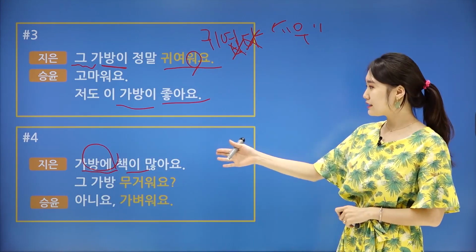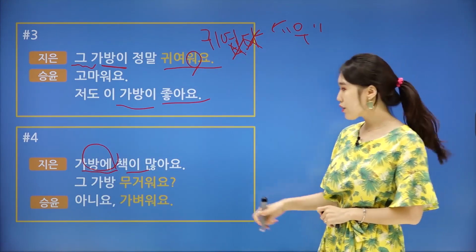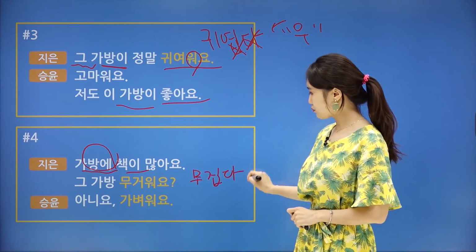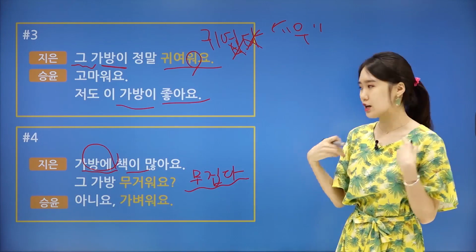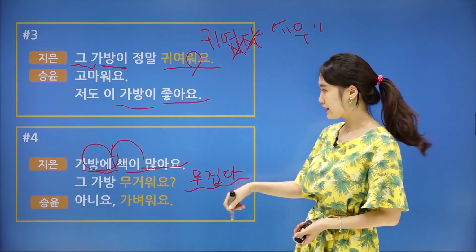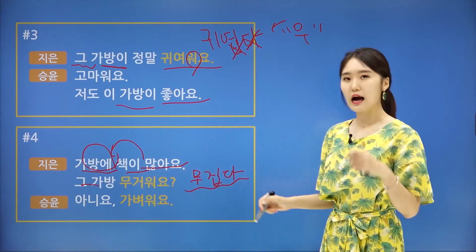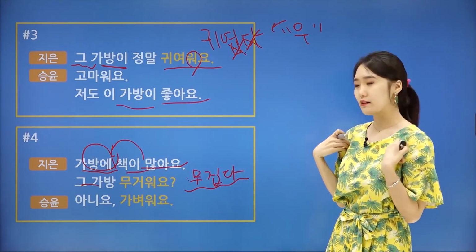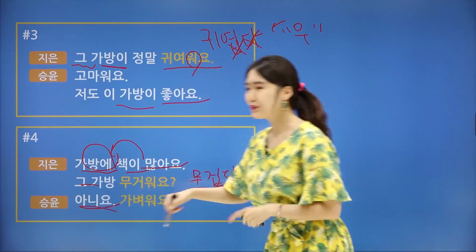그 가방 무거워요. 무겁다. Do you know what 무겁다 is? Heavy. Oh, there are a lot of books in your bag. 그 가방 무거워요. Is it heavy? 아니요.